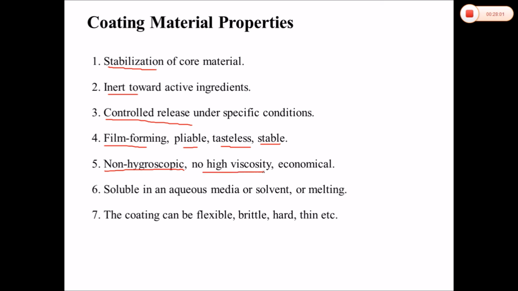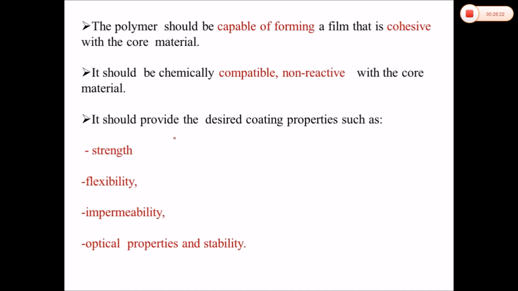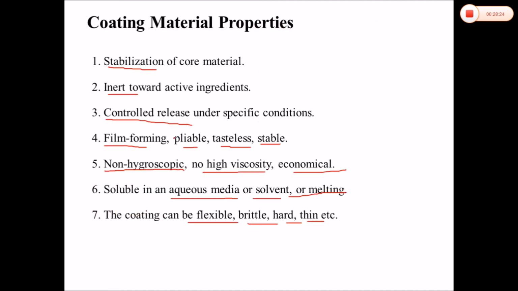It should not have high viscosity and should be economically feasible for the manufacturer. It should be soluble in aqueous media, a solvent, or in a melt, and whatever the coating provided, it must be flexible, brittle, hard and thin. So these are the properties of coating materials.